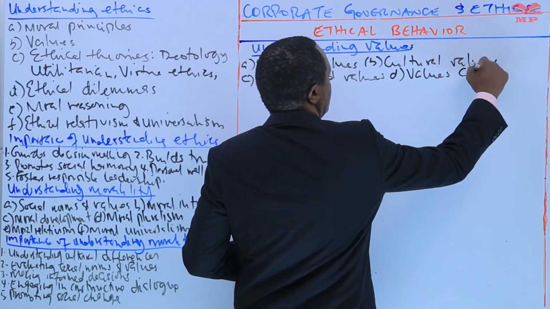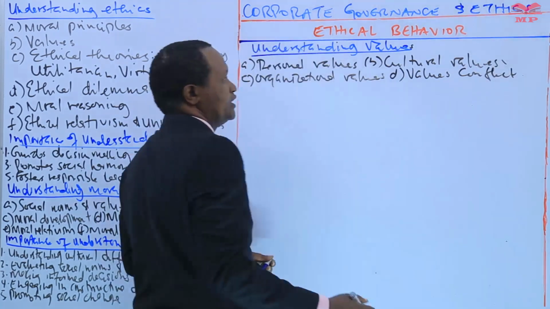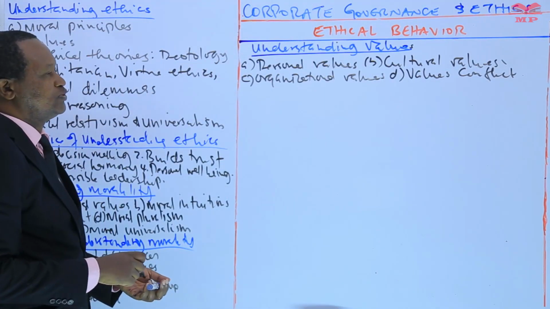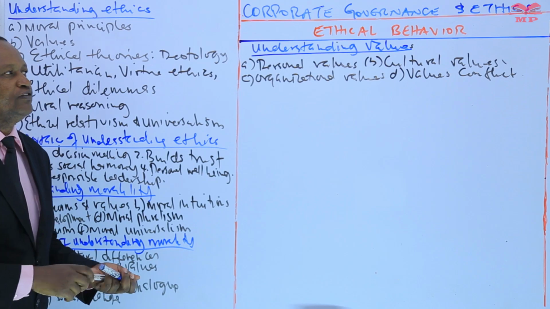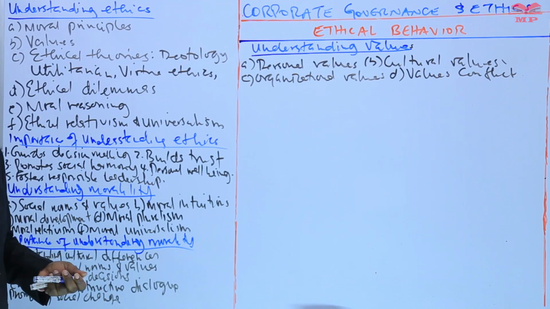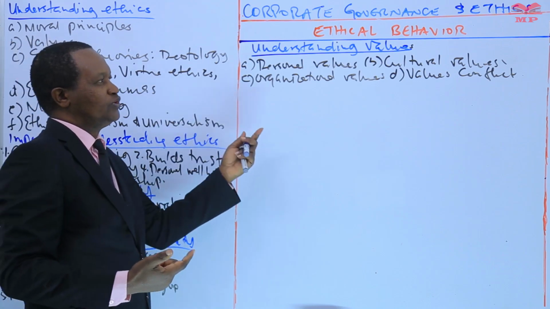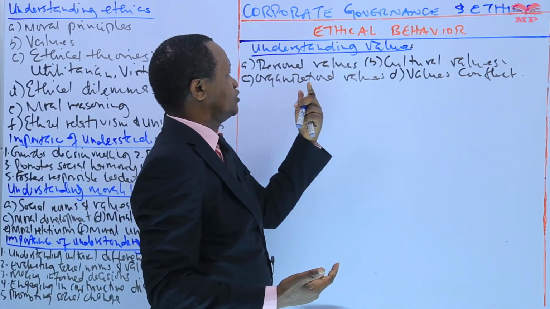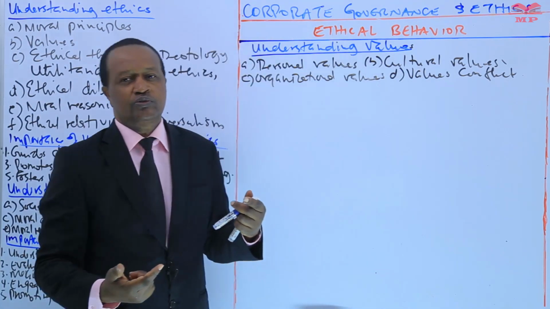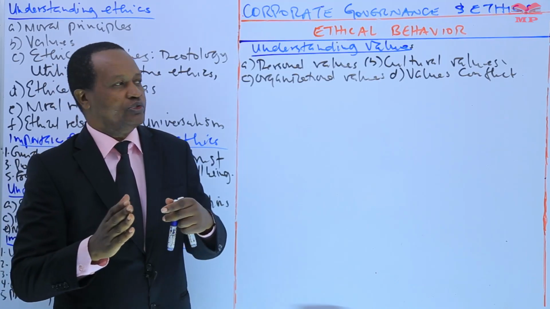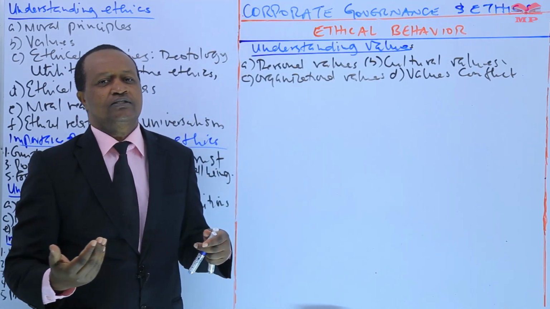Values conflict. To understand values, we need to have knowledge of values conflict. Sometimes our personal values may conflict with organizational values, or with cultural values, creating what we call ethical dilemmas.